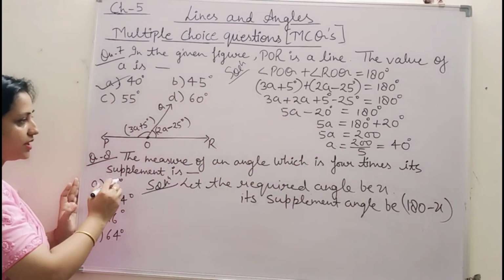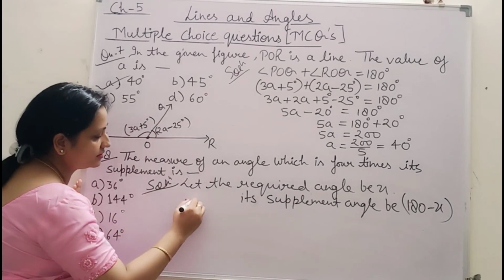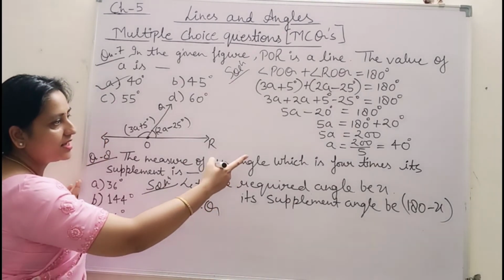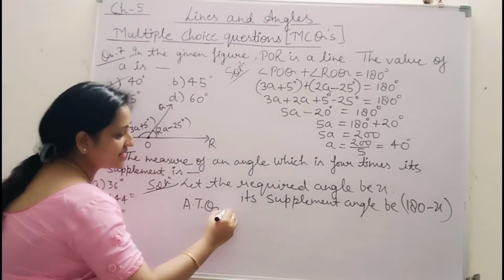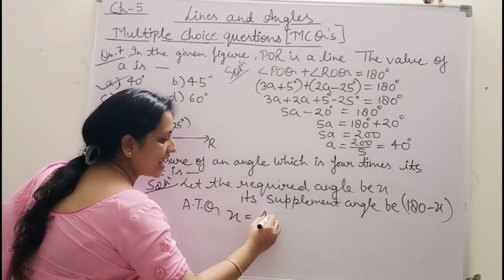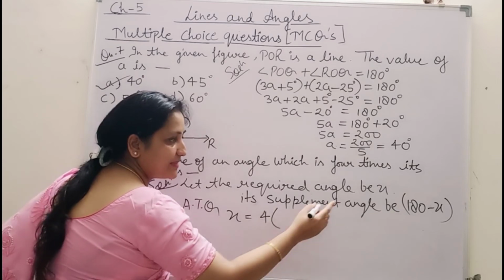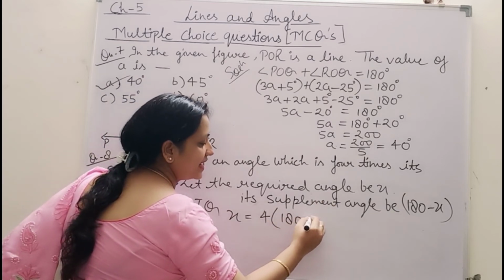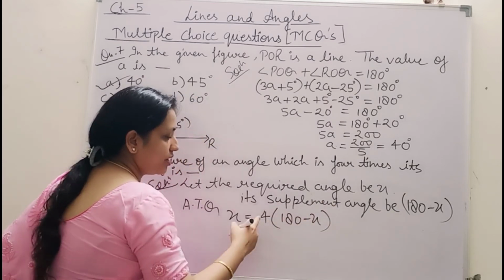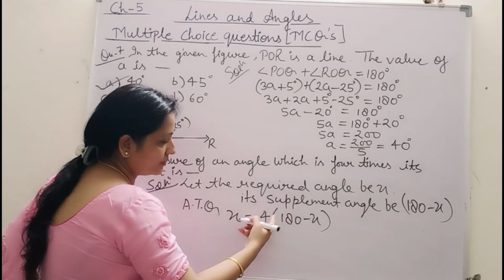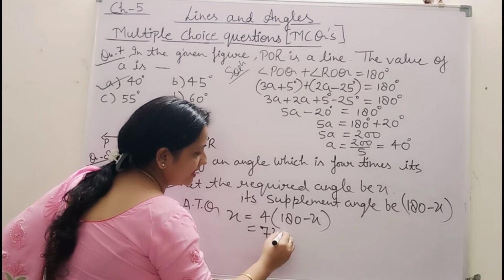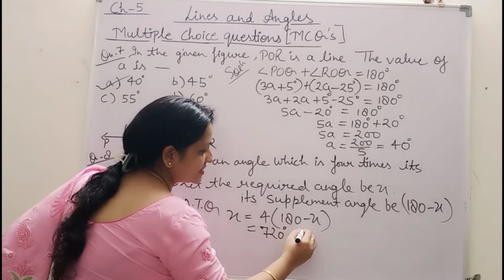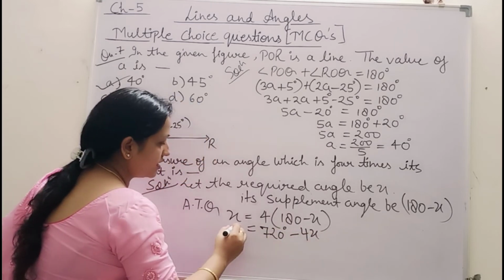According to the question, the angle is 4 times its supplement. So x is equal to 4 times its supplement, and the supplement angle is 180 minus x. Now we'll open this bracket. So 4 into 180 is equal to 720, minus 4x is equal to x.